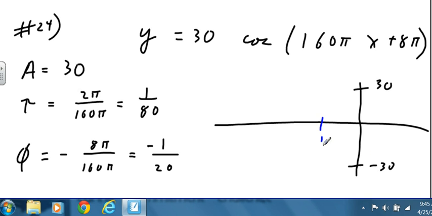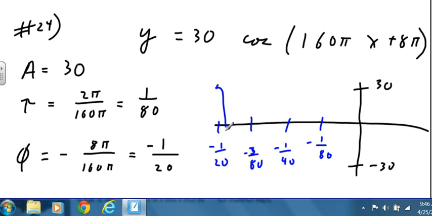There's 1 over 80. There's 1 over 40. There's 3 over 80, minus 1 over 20. Okay, and it's a cosine function, so it's going to start high.